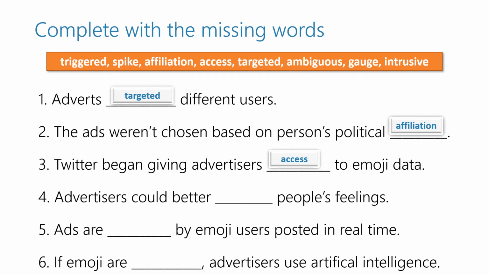Advertisers could better gauge people's feelings. Ads are triggered by emoji users posted in real time. And the last one, if emoji are ambiguous, advertisers use artificial intelligence. Well done.